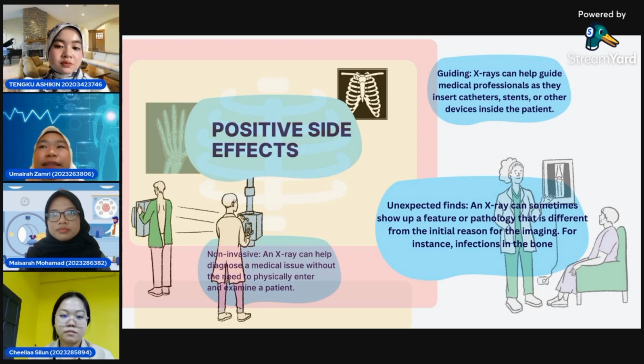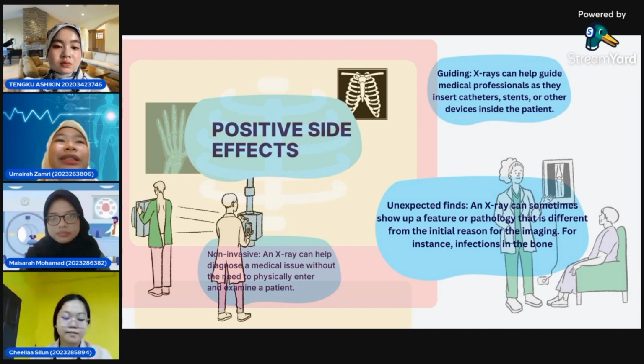Number 2 is guiding. X-ray can help guide medical professionals as they insert catheters, stents or other devices inside the patient. They can also help in treatment of tumors and removing blood clots or other similar blockages.